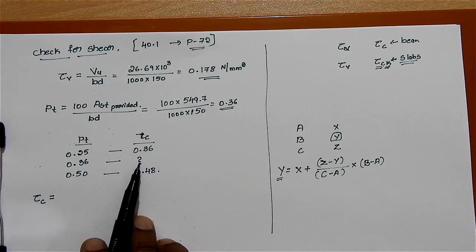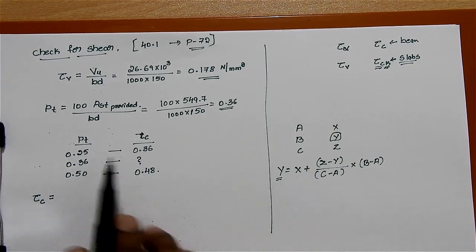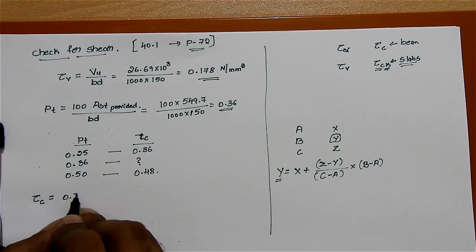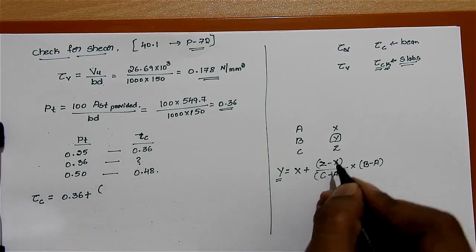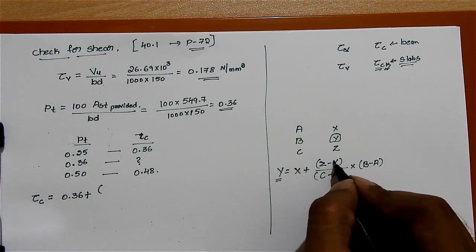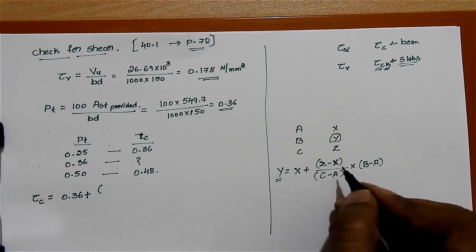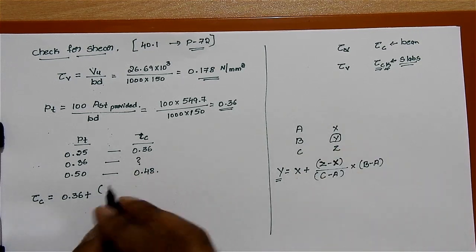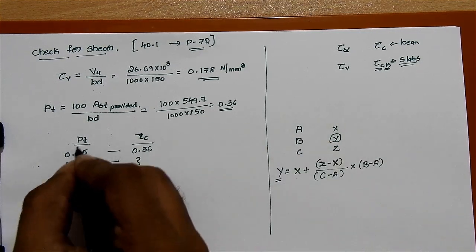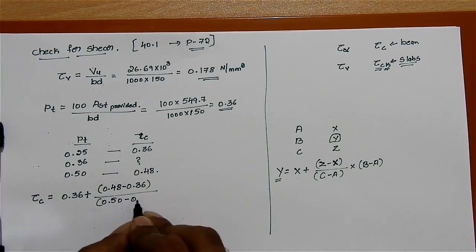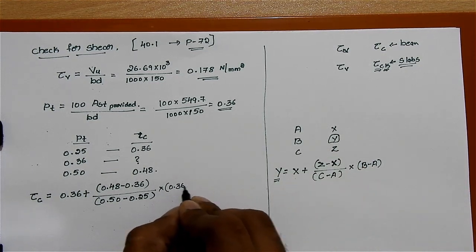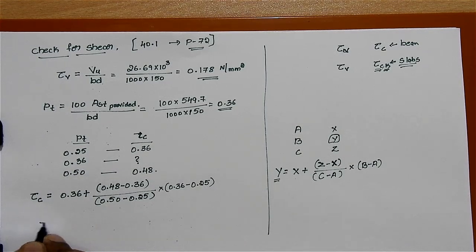According to this formula, substitute here and you will get the value of Y. So tau c, Y, is equal to X, and X is 0.36, plus numerator Z minus X. Sorry, it is Z minus X, not Z minus Y. Z minus X is 0.48 minus 0.36, divided by C minus A, that is 0.50 minus 0.25, into B minus A, which is 0.36 minus 0.25.